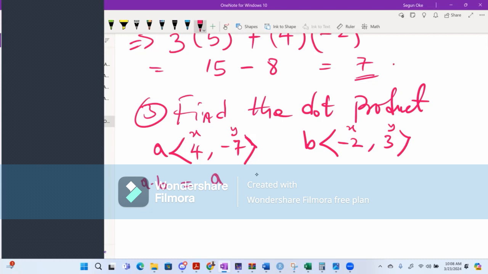Your A dot B will be AX BX plus AY BY. Everybody solve it. Let's see. What's your answer, please? Try and solve it, and let's have the answers.